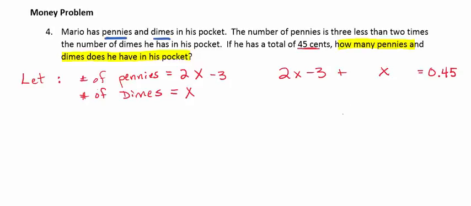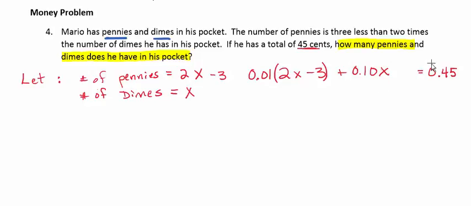But that doesn't quite make sense until I give a value for each of these coins. So each penny is going to be worth 1 cent, and each dime is going to be worth 10 cents.